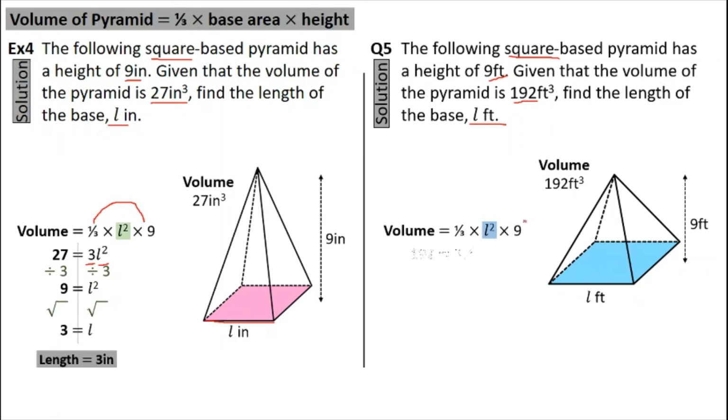Next, we can substitute in the volume, 192, and again 1/3 of 9 is 3, and we've got 3L squared. A little bit of algebra again. Divide both sides by 3, and we're going to find that 64 is the same as L squared, and if you square root that, you'll find that 8 is the answer.